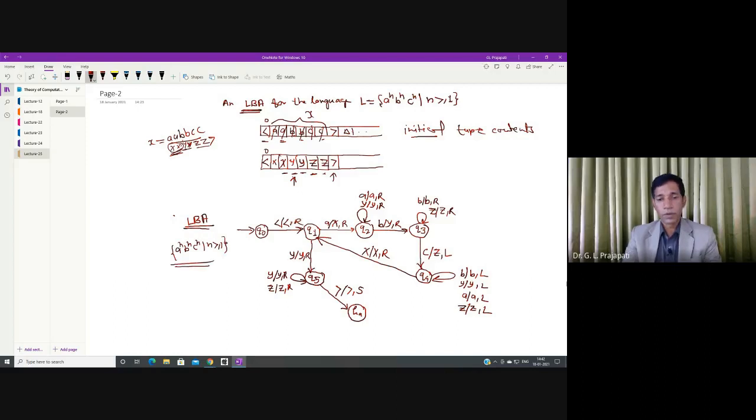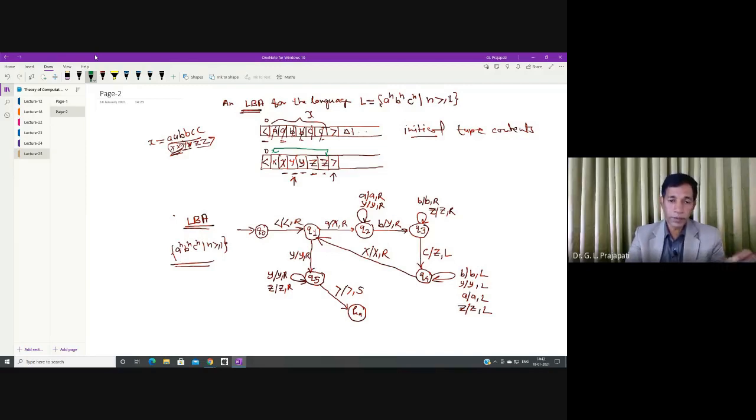Whatever input is given, you have seen that your tape head is bounded by that many symbols of the input. You are supposed to work from here to here. For double A, double B, double C, you can work within that region.